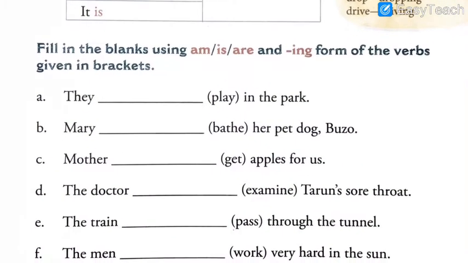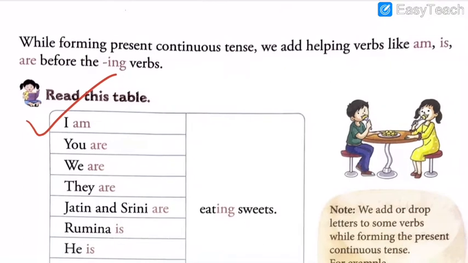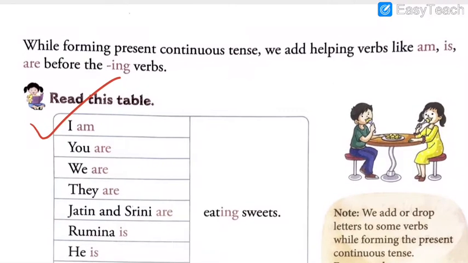Now before going on towards the exercise, I want to give you one formula for the present continuous tense. Please write it down.